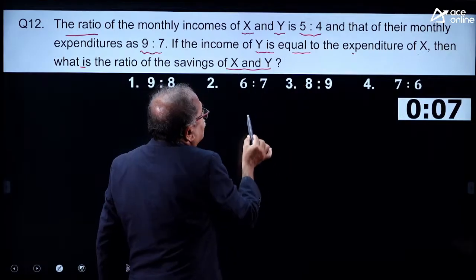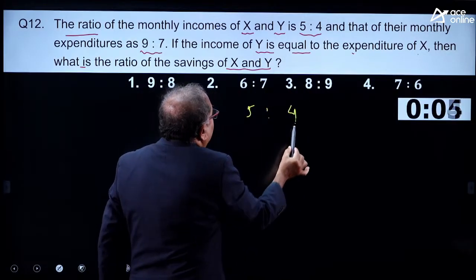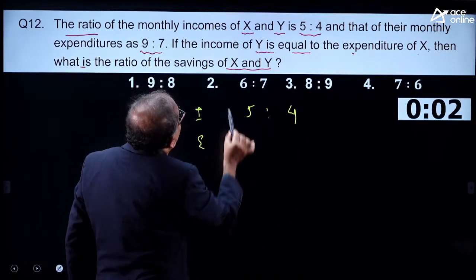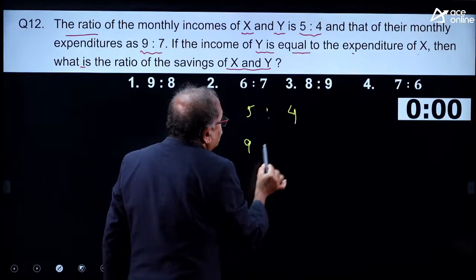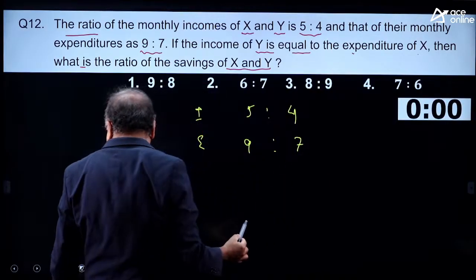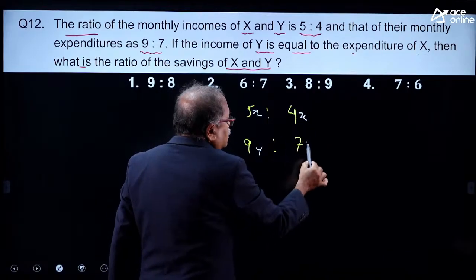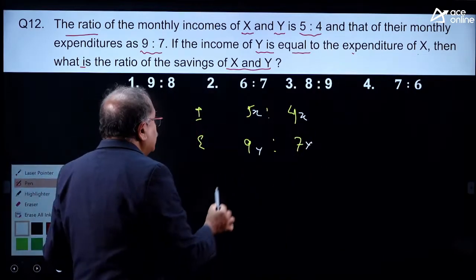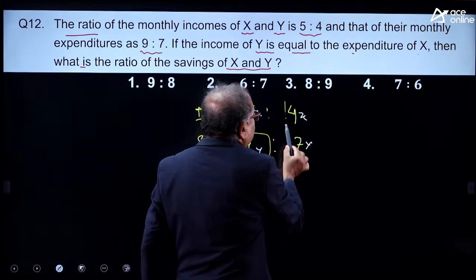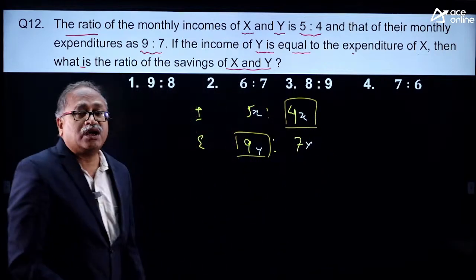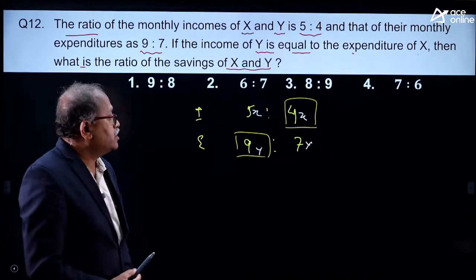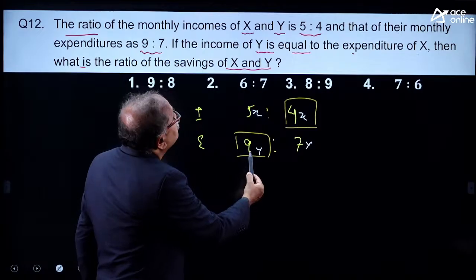So, X and Y, the income is 5:4 and expenditure is 9:7. Try to answer the question, my dear friends. So, this is in the x variable and this is in the y variable, and in the question given to us is the income of y is equal to the expenditure of x.